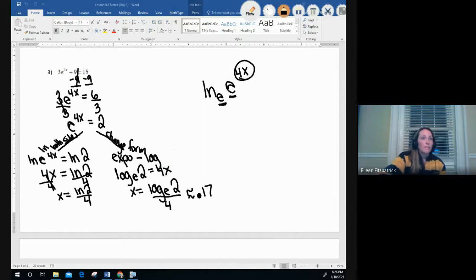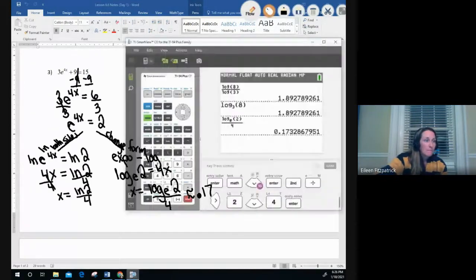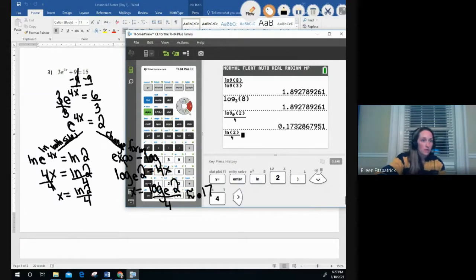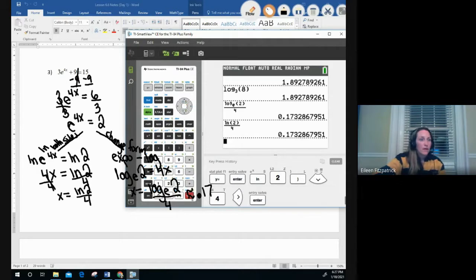So I'm going to grab my calculator and type in a fraction. Alpha y equals, get my fraction, and it's ln of 2 over 4. And you get the same decimal approximation as the other option.